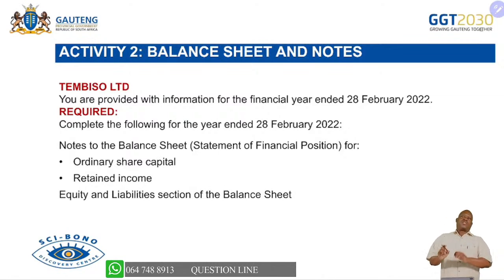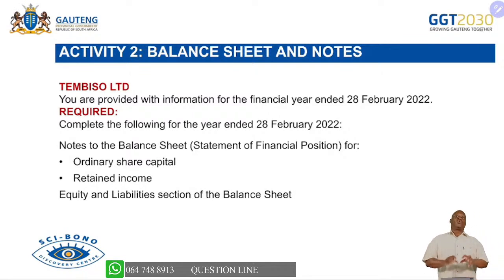So there are notes. So in this case, we are saying, complete the following for the year ended 28 February 2022, and then note to the balance sheet. So the first 2 is a note to the balance sheet, popularly known as note number 7 and 8, ordinary share capital and retained income. And then they are also asking us to do the equity and liability section of the balance sheet.